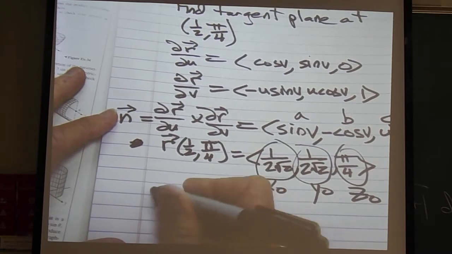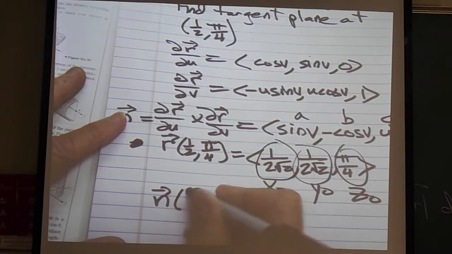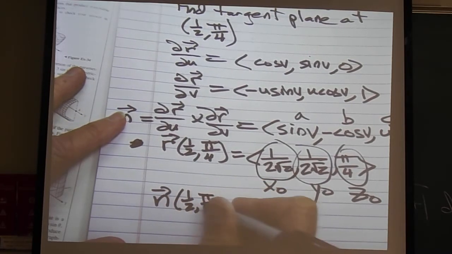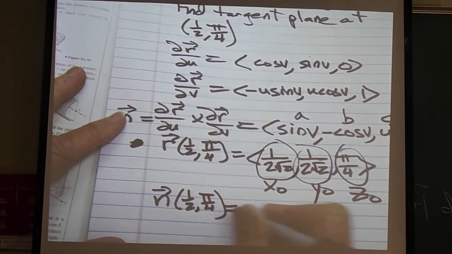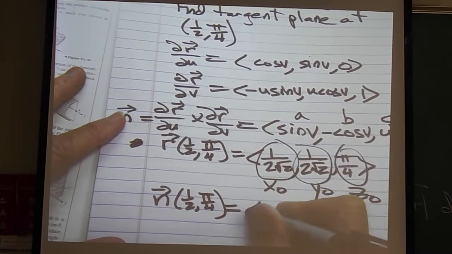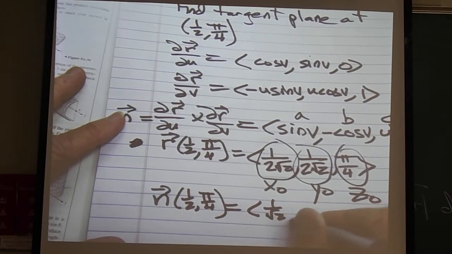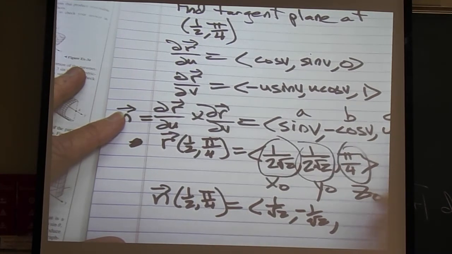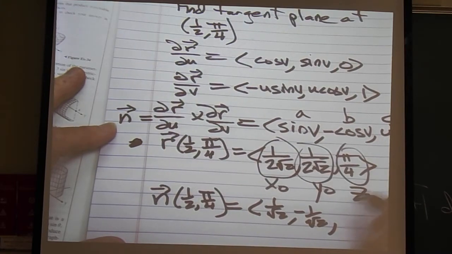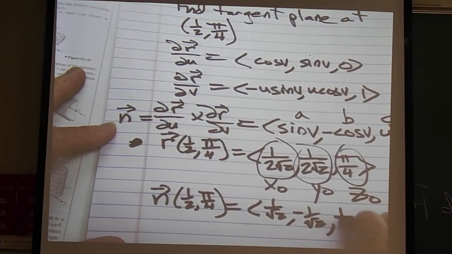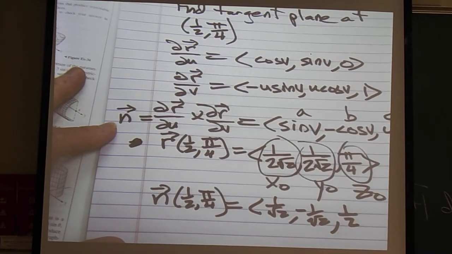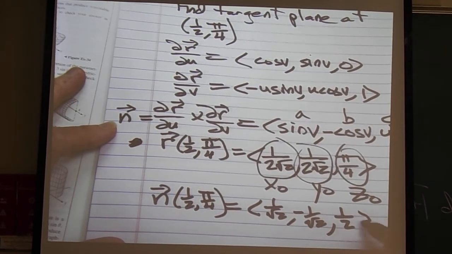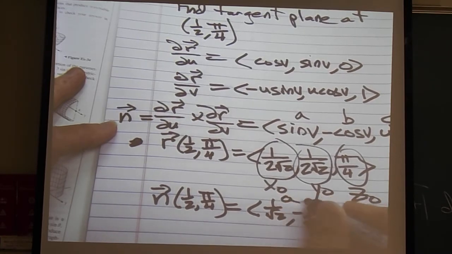The normal vector at the point 1/2, pi over 4 has component sine v, which is 1 over square root 2, minus cosine v, which is minus 1 over square root 2, and u, which is 1/2. And so this is your a, b, c of the tangent plane.